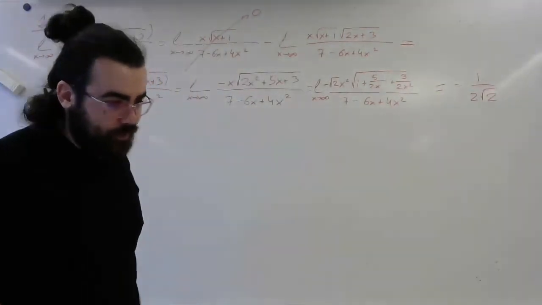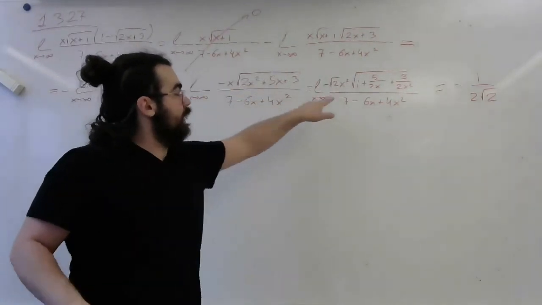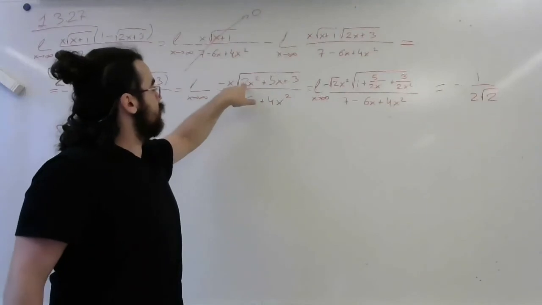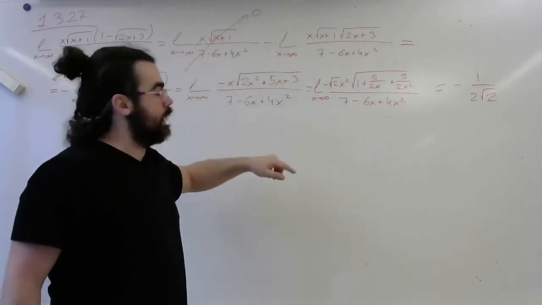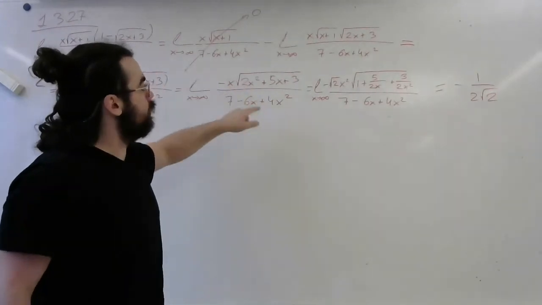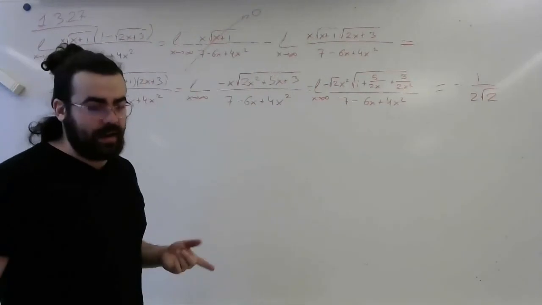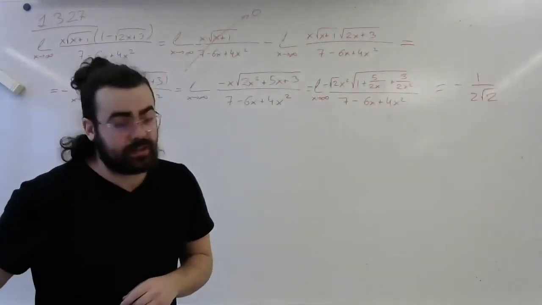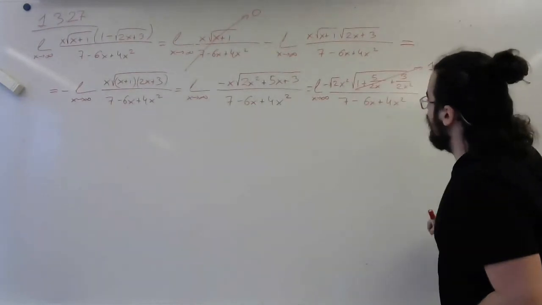What did I do here? I took 2x, and I multiplied and divided everything by the square root of 2x squared, which is the square root of 2 times x. So it comes out as the square root of 2 times x squared, because it's multiplying by x. And here we have a square root. At infinity, this is 1.